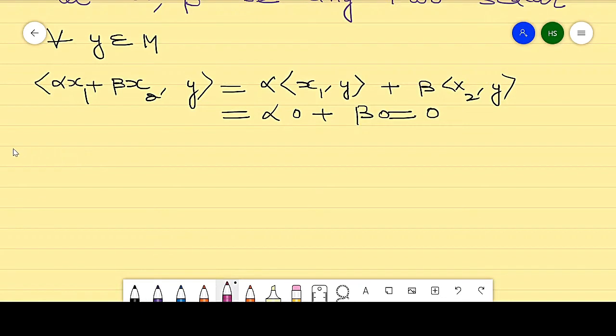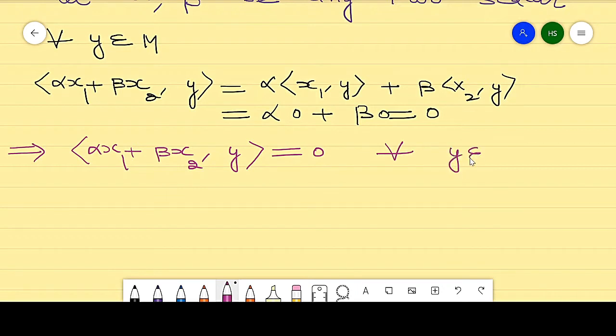So we get the inner product of alpha x1 plus beta x2 with y equal to 0 for every y belongs to M. By definition of orthogonal complement, alpha x1 plus beta x2 belongs to the orthogonal complement of M.